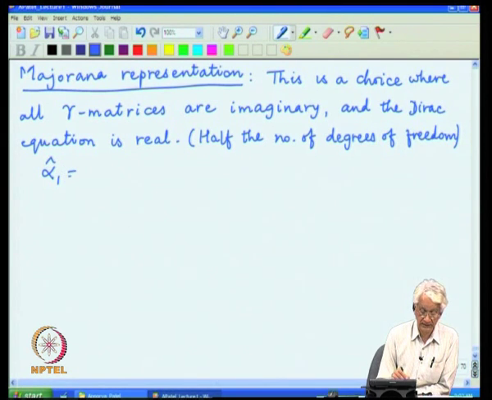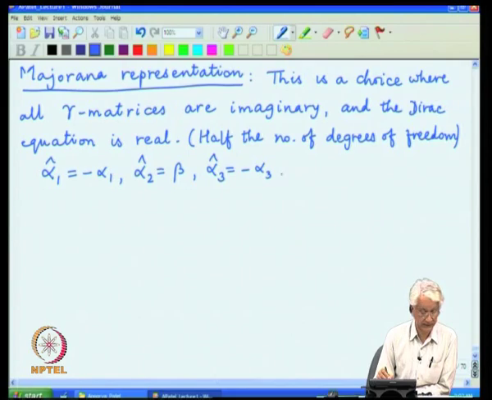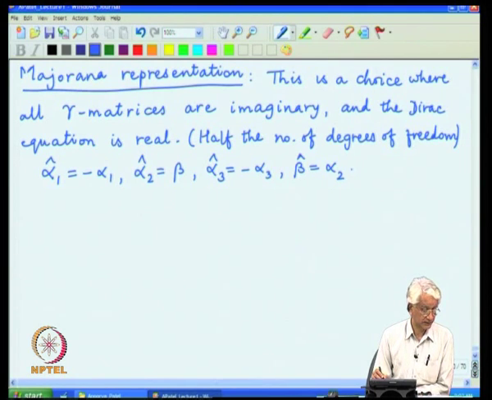Alpha 1 hat is defined as minus alpha 1, alpha 2 hat is equal to beta, alpha 3 hat is equal to minus alpha 3, and beta hat is equal to alpha 2.